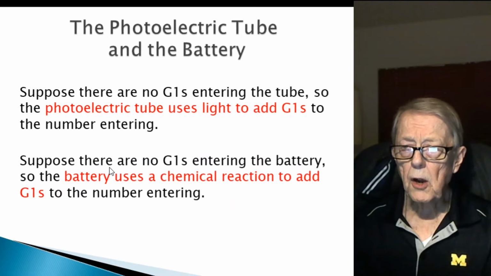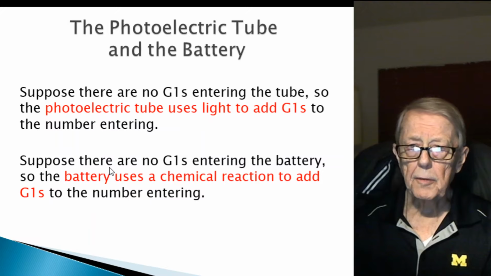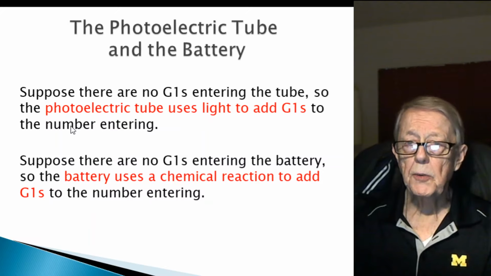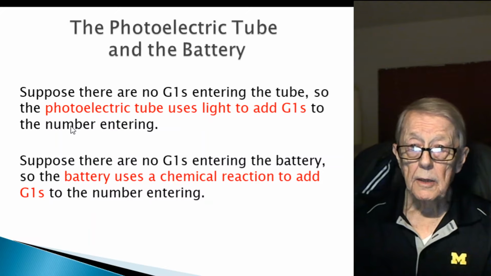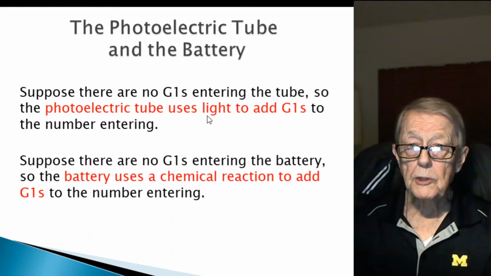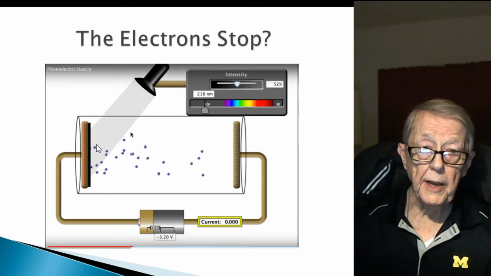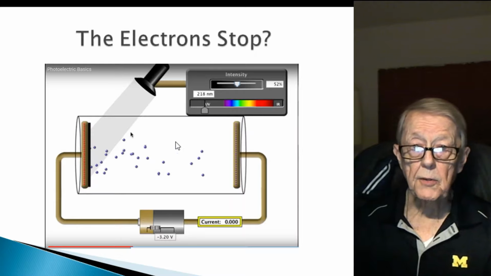But now let's talk about the effect of the battery and the tube. Suppose there are no G1s entering the tube. The photoelectric tube uses light to add G1s to the number entering, and that's what I was saying here. They know that when there's no light, there are no electrons.